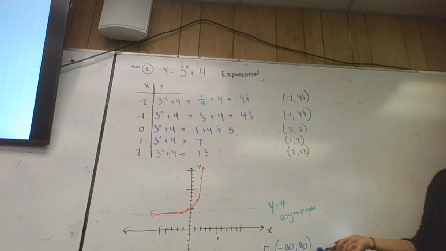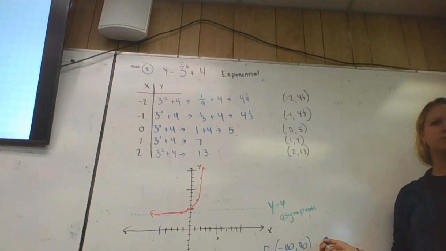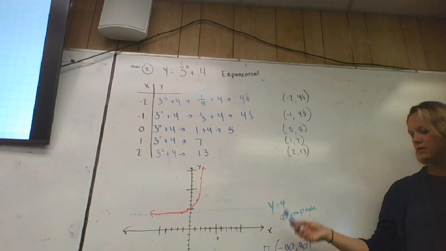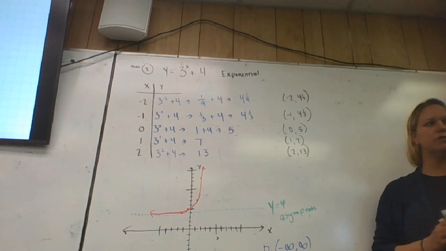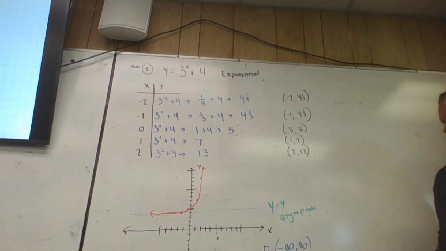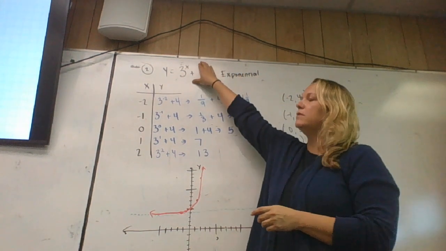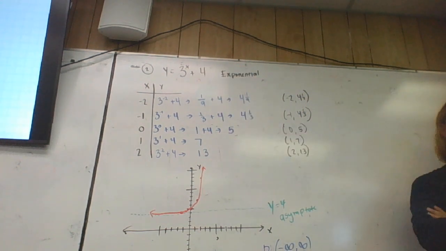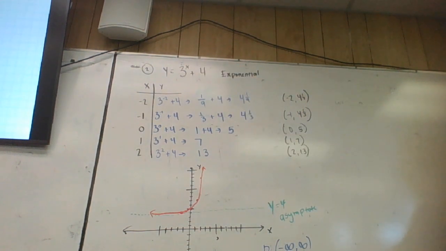So our domain, x could be anything, negative to positive infinity. But our ranges are limited by that asymptote and this concept that it'll never go lower than 4. So our range is 4 to infinity. If there was no plus 4 here, it would be 0 to infinity. And then if that was an 8, it would be 8 to infinity. Okay.